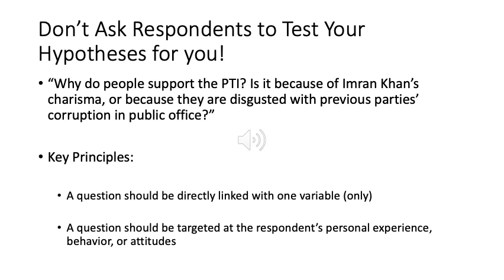In the example above, why do people support the PTI? Is it because of Imran Khan's charisma or because they're disgusted with previous parties' corruption in public office? You actually have three variables: support for PTI, opinions about Imran Khan's charisma, and disgust with previous parties' corruption. You should really construct three separate survey questions for that.